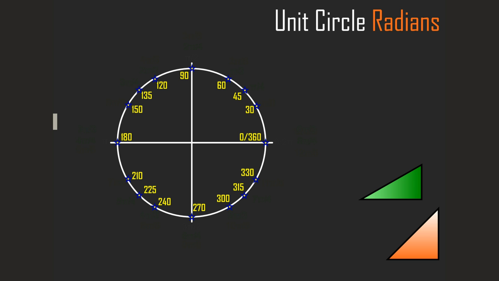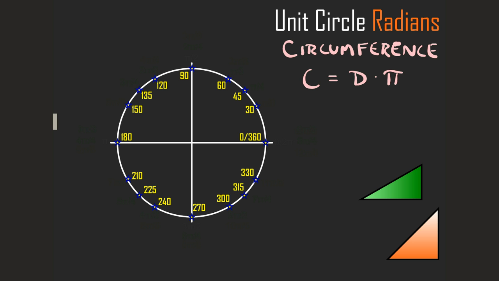So if we look at the circumference of this circle, circumference, if you remember, is calculated by taking the diameter of the circle times pi. I like to ask students this question. I like to say, hey, what is pi? And they'll most oftentimes say it's 3.1415, blah, blah, blah. And then I say, well, yeah, that's the decimal approximation, but what is pi?